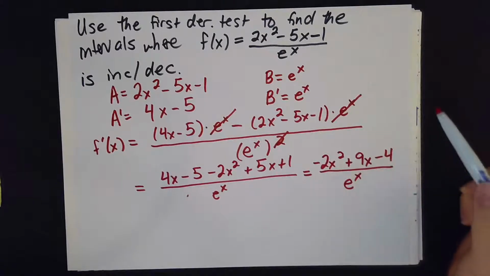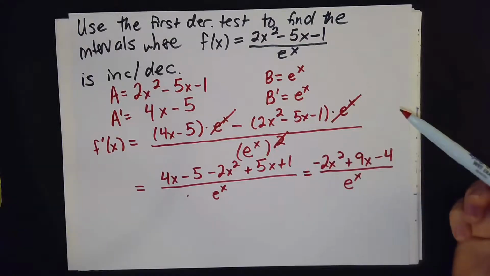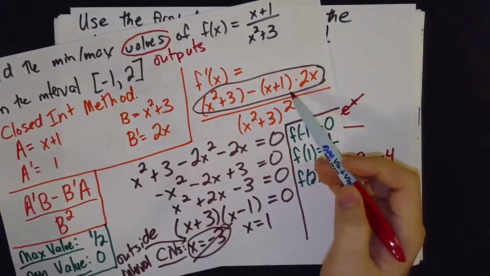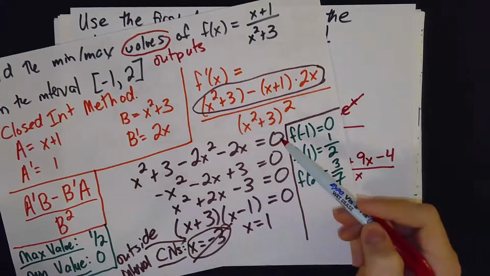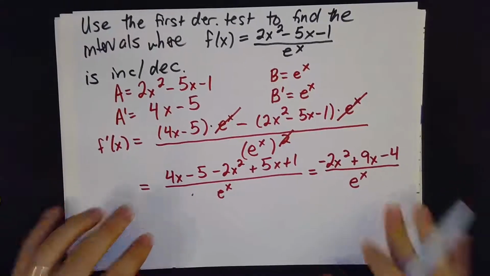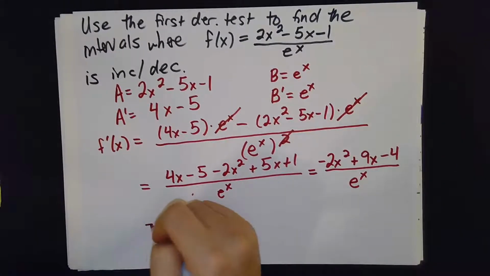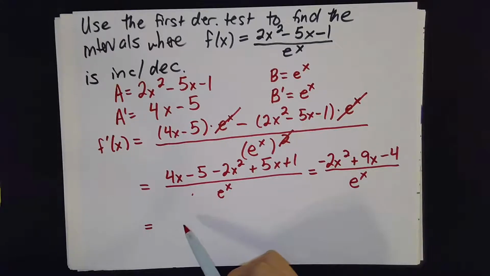And because this is a first derivative test question, unlike the previous one, where I immediately said, okay, I'm going to grab the numerator and just set that equal to 0, here I'm deliberately keeping the entire function, and I'm simplifying it without setting it equal to anything, because I want the derivative simplified as much as possible for what I'm going to be doing.